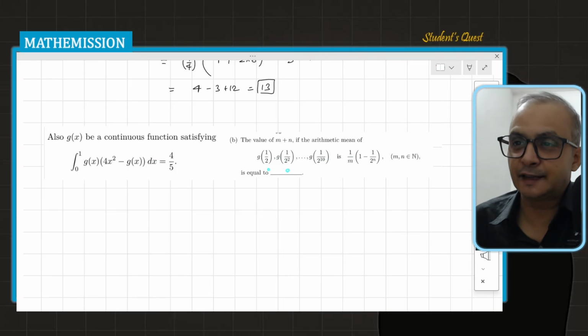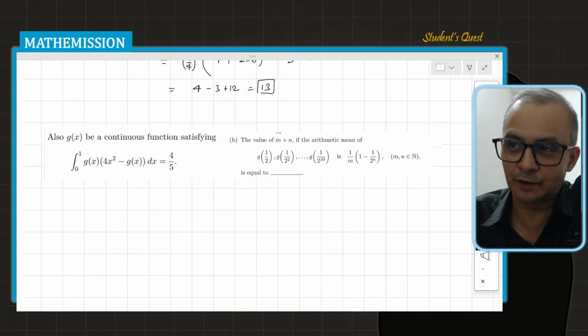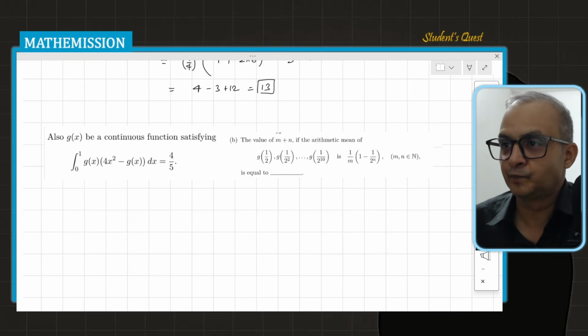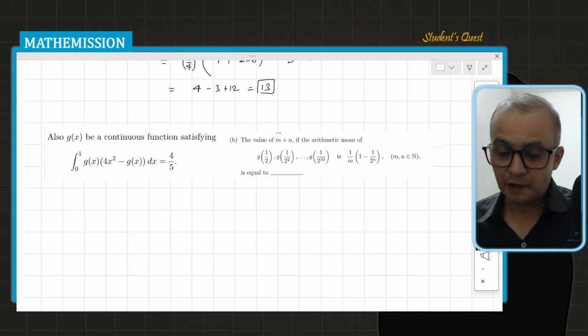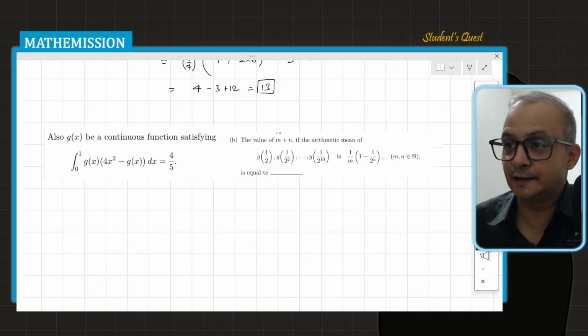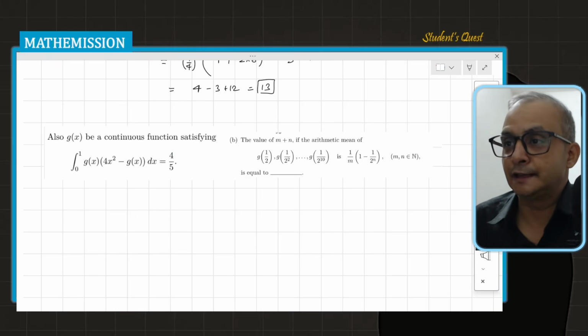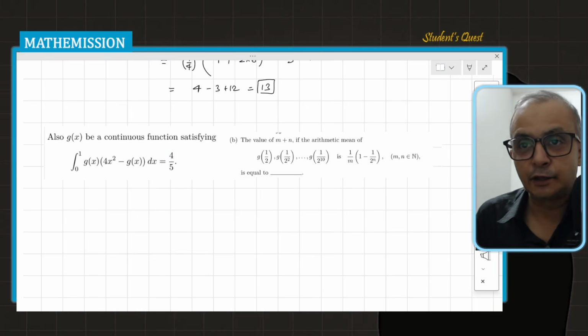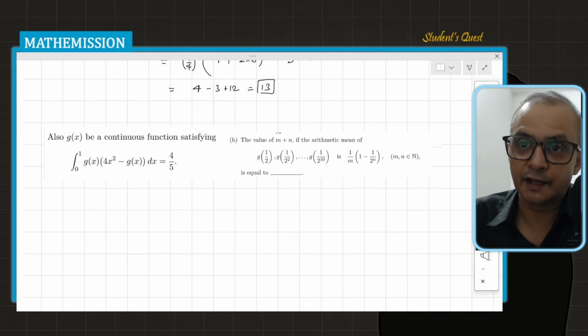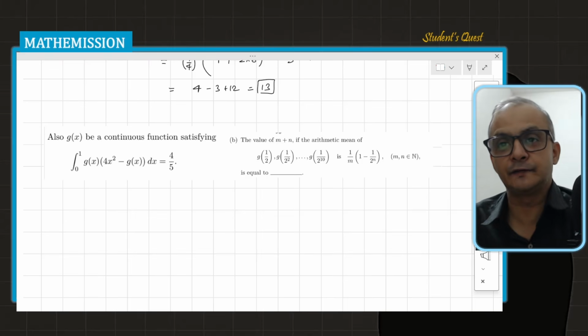So we can guess that something fishy is there, like it is going to give us some geometric progression or any such kind of thing. So we have to identify what g(x) is, so that this entire integration will come out to be 4 by 5. So let's think in this way, because they give such other information about g(x), we have to think smartly so that we can identify g(x).